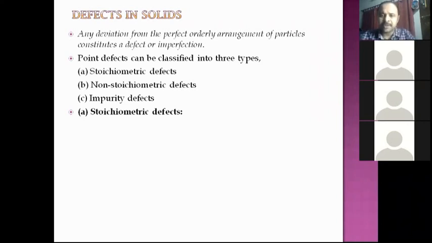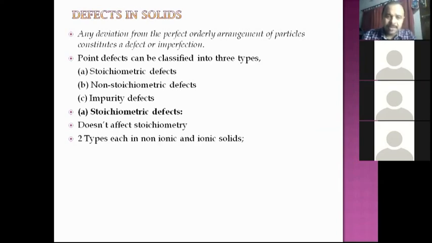That means despite the defect happening in the solid, the formula doesn't change. For example, NaCl: after some defect, if the formula remains as NaCl only, then it is a stoichiometric defect. If the formula changes after the defect, then it is a non-stoichiometric defect. Okay. Stoichiometric defect means it doesn't affect stoichiometry, composition, mole proportion.